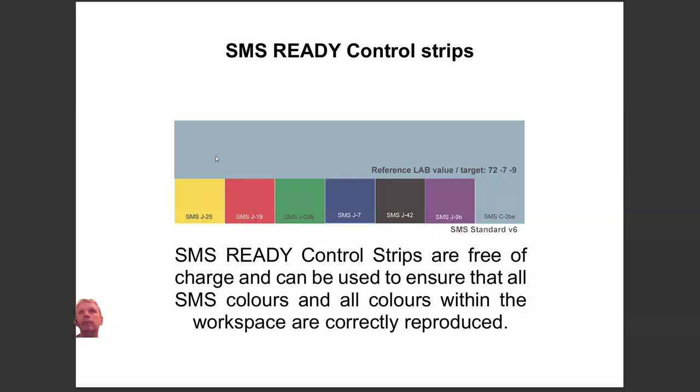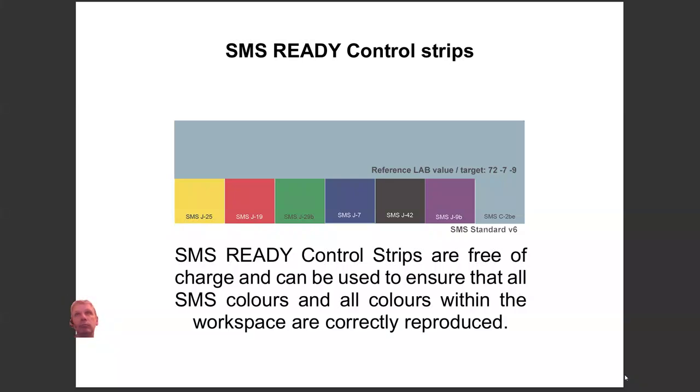Here you see it close up, the SMS ready control strip. It looks like this. This is the standard version. It says version 6. These are the same colors for standard version 7. And as we say here, SMS-ready control strips are free of charge and can be used to ensure that all SMS colors and all colors within the workspace are correctly reproduced.